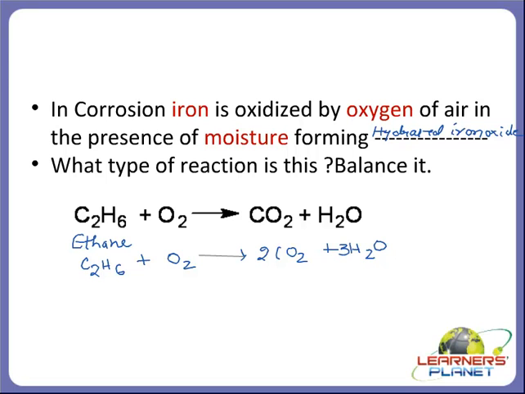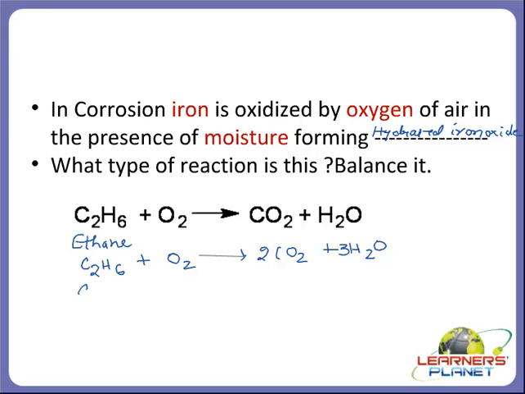Right? Now let's check the number of oxygen atoms, children. It is 2 2s of 4 oxygen atoms and it is 3. That is 4 plus 3 comes out to be 7. Clear, children? If I am putting 7 here, how many oxygen would it be? It would be 14 oxygen, right?